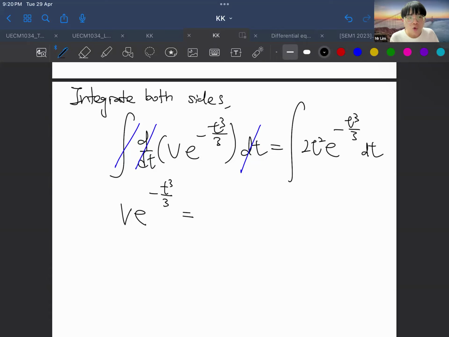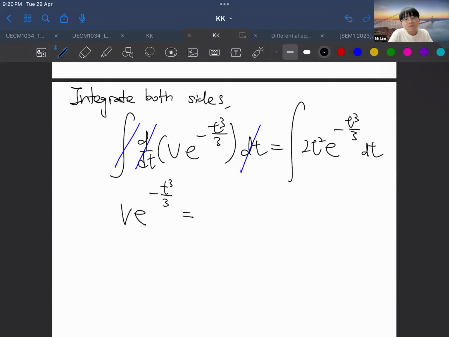So what kind of technique do you need? You have five techniques: u substitution, trigonometric substitution, integration by parts, partial fractions, and trigonometric identities.